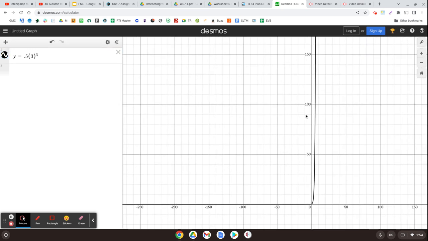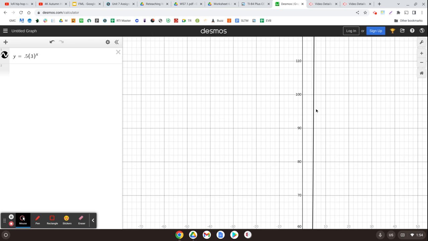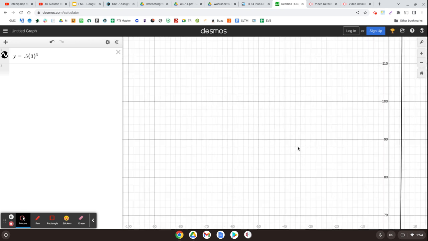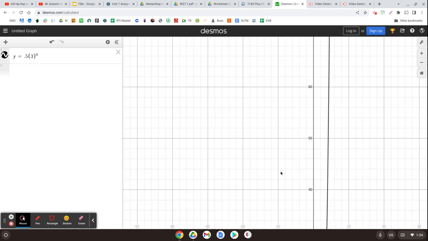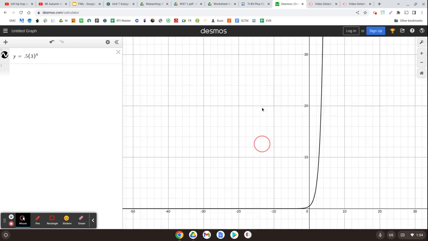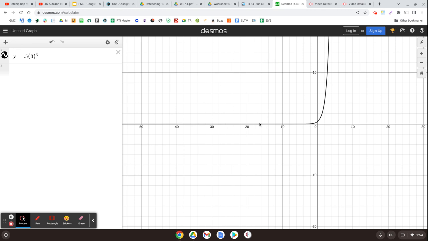Now, don't let it mislead you again. This is our asymptote. Oh, come on, get down there. So if you click on the point, it's close to 0, but it's actually just approaching 0.